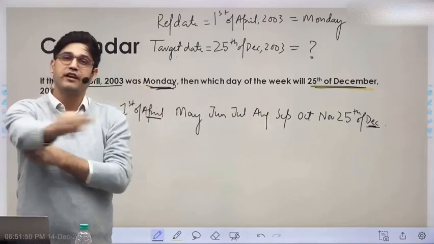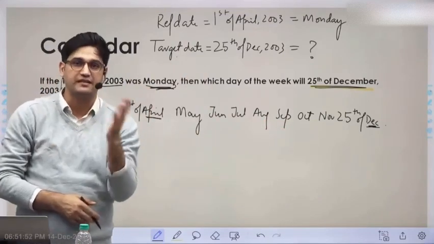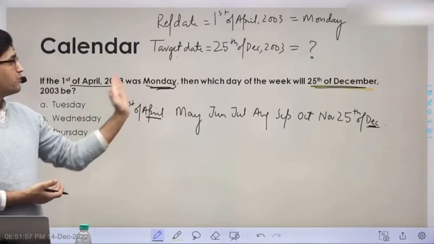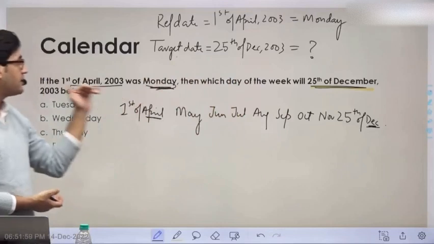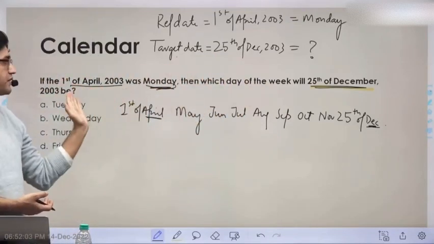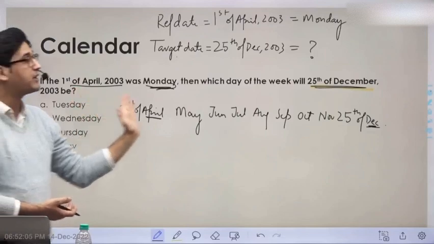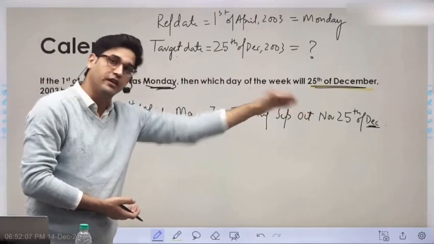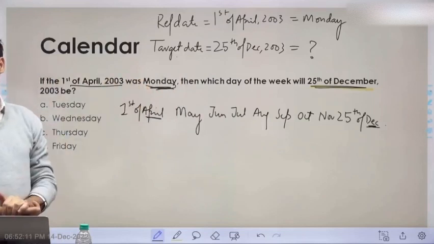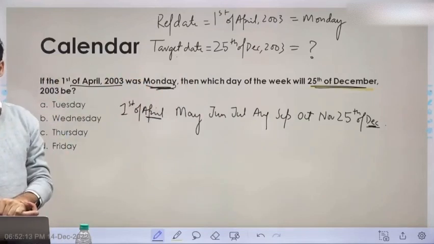I continue dividing it by 7 till I get a remainder less than 7. Right? That remainder will give me total number of odd days because I am moving ahead in time. I have been asked to find out a date which is futuristic from this date. Right? This is the 1st of April 2003. I have been asked to find out the 25th of December 2003. It's a date ahead in time. I will add the total number of odd days to this particular date and I'll find out what the day of the week is. Right?